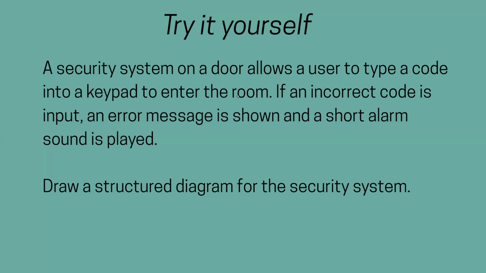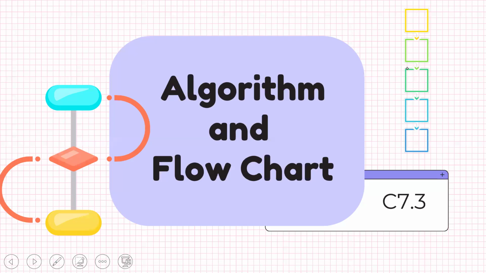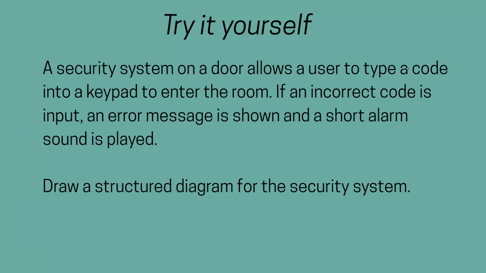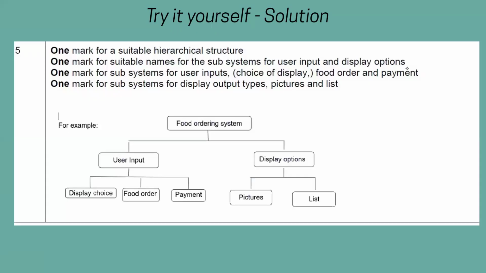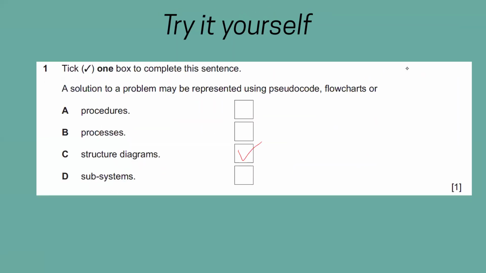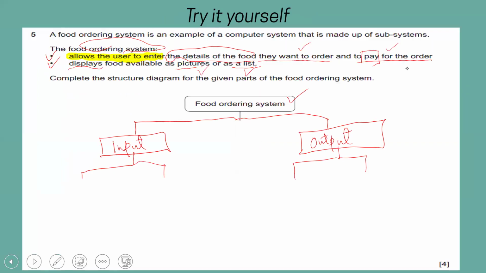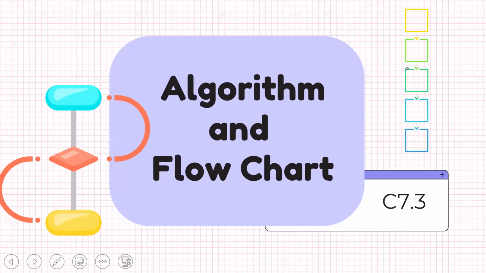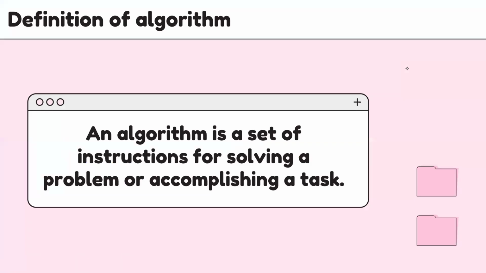All right. So now let's move a little bit forward. Algorithm flowcharts. Now, this is obviously after the top-down design, or if you named it structure diagram, then we have another one, which is the algorithm.